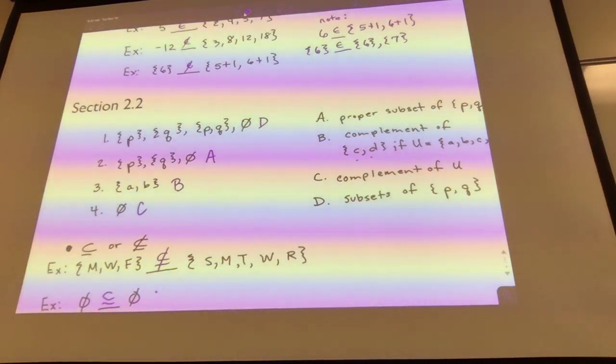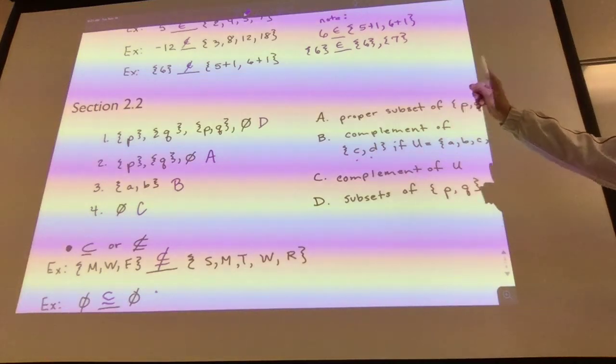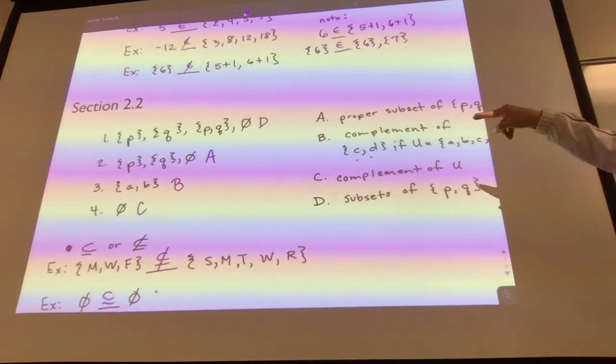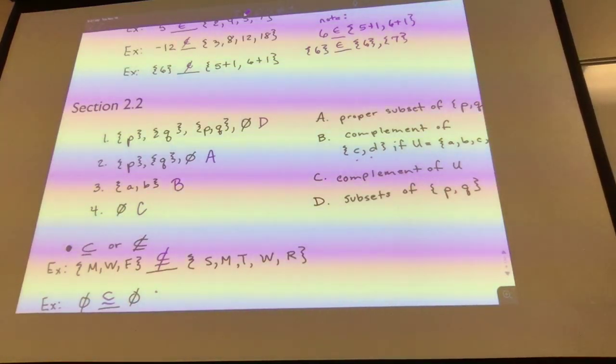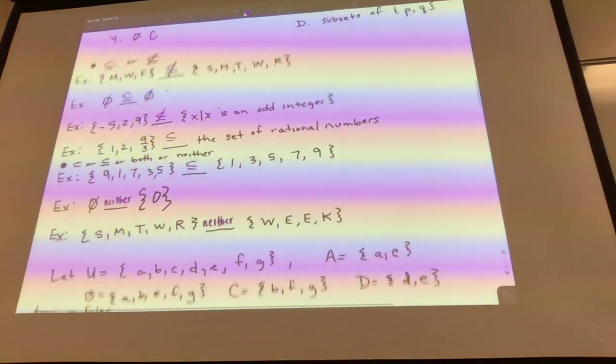So if you look at this, this is a subset of P and Q. So if I was to tree diagram it, it would be D. It means it would be P by itself, Q by itself, both of them, and also the empty set. So what we didn't realize is that every set automatically includes the empty set. So that's why I was saying something about this was bothering me, and it's kind of tricky.